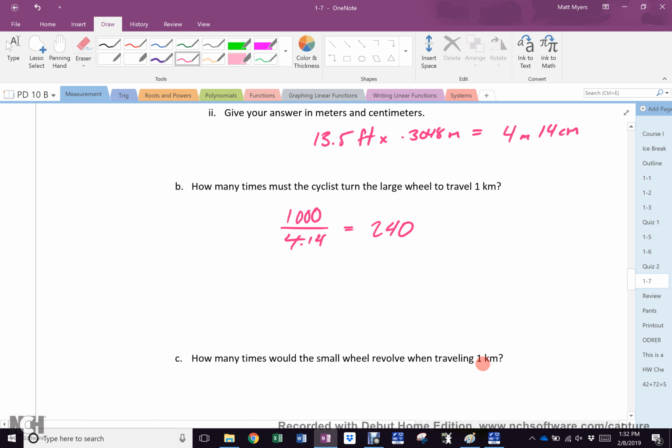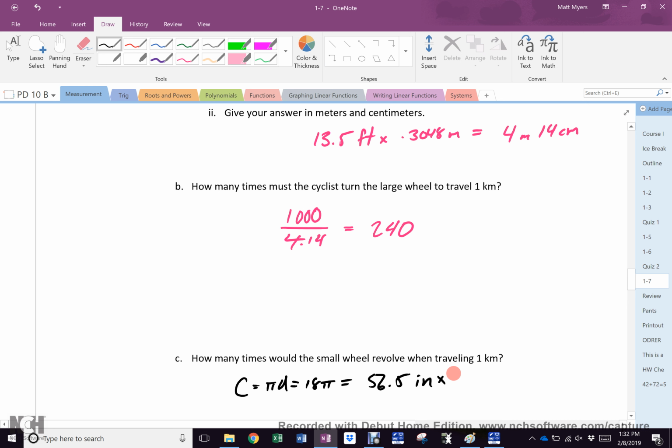Small wheel to go 1 kilometer. Well, the small wheel is circumference equals pi d, which is 18 pi, which is 18 times 3 and a bit, going to be around 60? 56.5 inches.